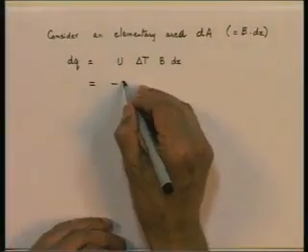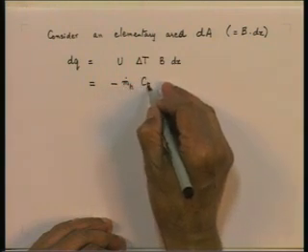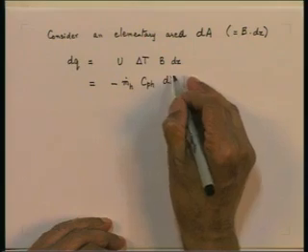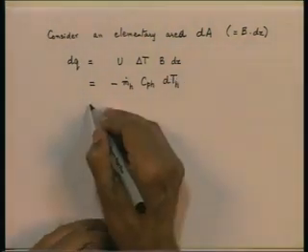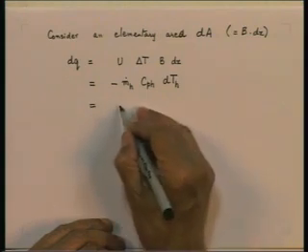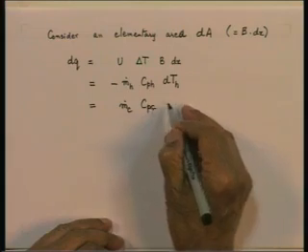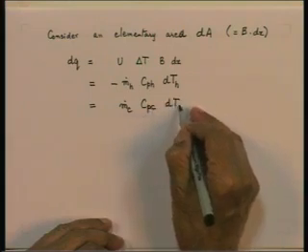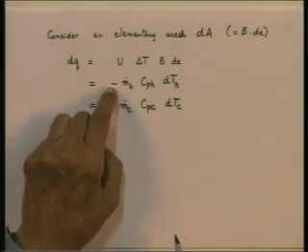So, we will say this must be equal to the change in enthalpy on the hot side, minus m dot h Cph dTh, and that must be equal to the increase in enthalpy on the cold side, which is equal to m dot c Cpc dTc. Notice I have put a negative sign on the dTh on this first one.